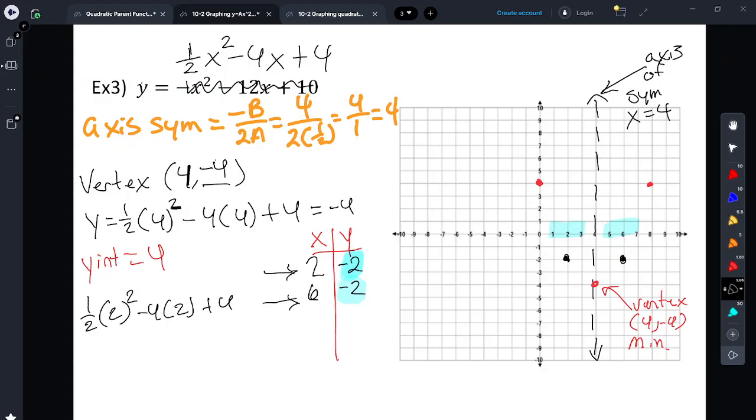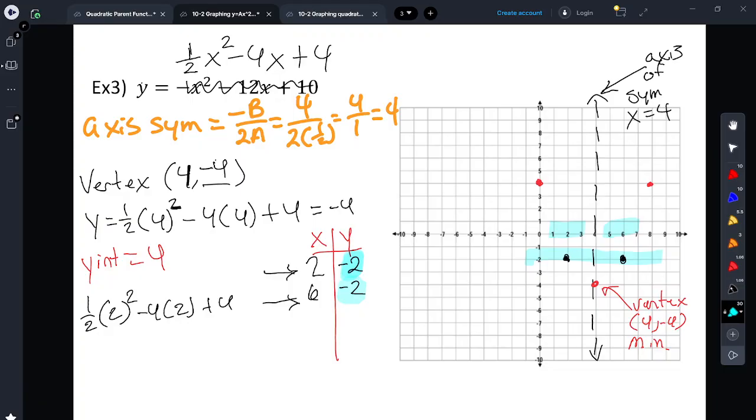If I know those 2 points are across from each other, I can find the axis of symmetry, because it would be halfway between them. So if they ever give you 2 points that are horizontal to each other, you can find the axis of symmetry. It would not work with vertical points, obviously, but it would definitely work with horizontal points, yeah? What's halfway between 6 and 2? 4, which is what we got, yeah? All right.